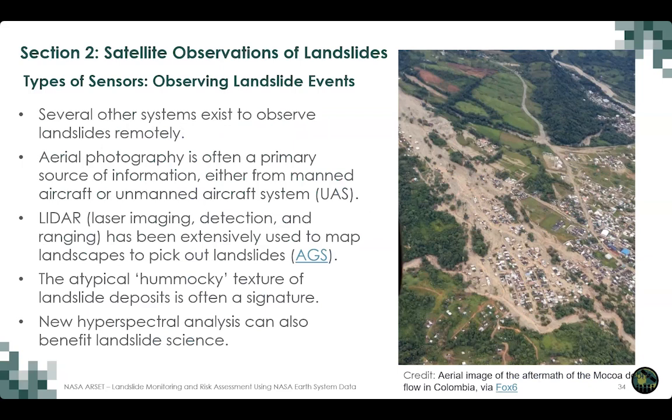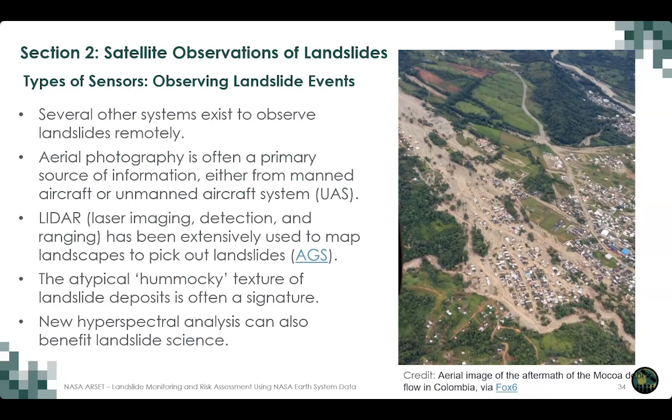And then finally, I mentioned the new satellite data sets of hyperspectral data. So in other words, imagery that has data across a huge number of spectral bands can also help us understand the location of landslides. This is very new science, and so there's a lot of potential methodologies that could be applied here, but particularly looking at changes in the surface mineral structure or mineral composition as a way to assess where landslides have occurred is potentially promising science.